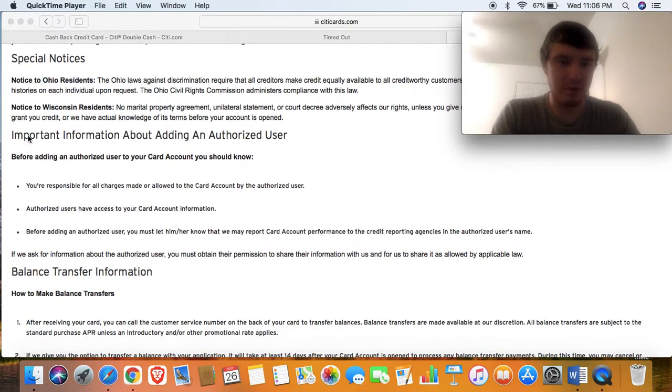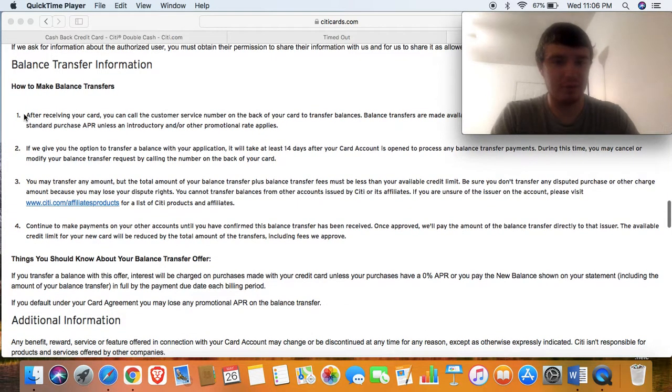And then right here is adding an authorized user. Basically, they describe how they allow authorized users, the process, the do's and don'ts. And then the balance transfer information. Here they're just talking about the process of how to go through with making the balance transfer.